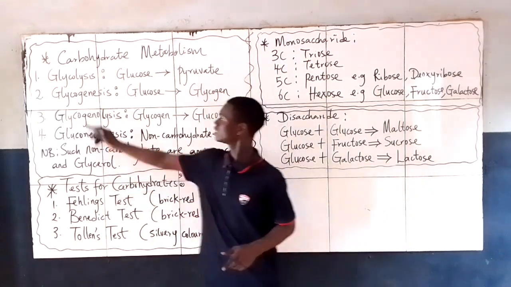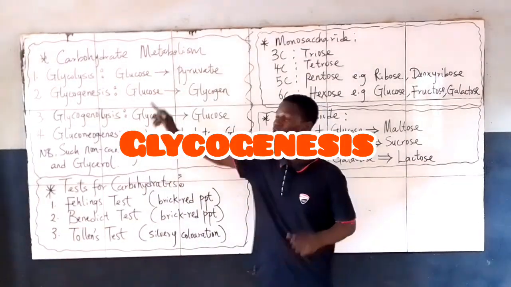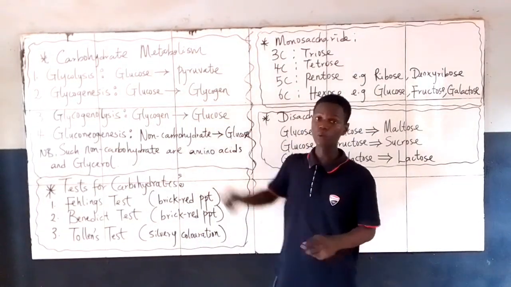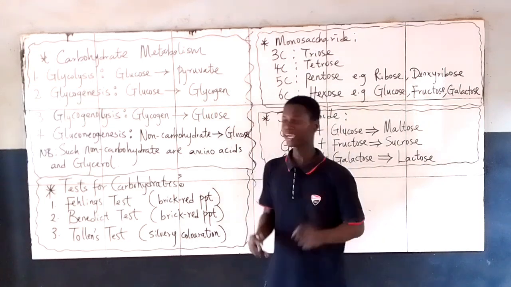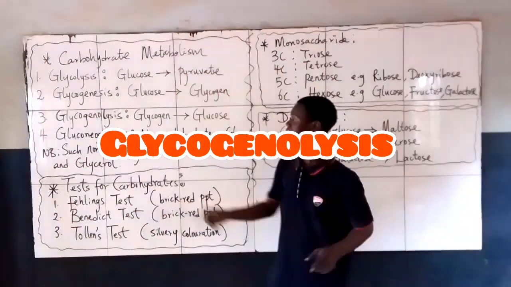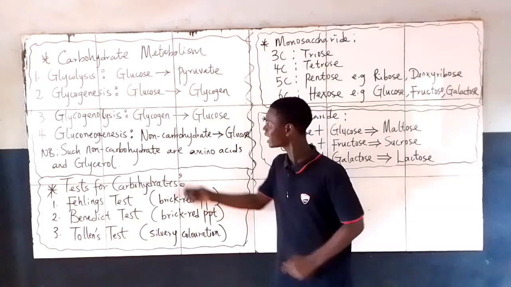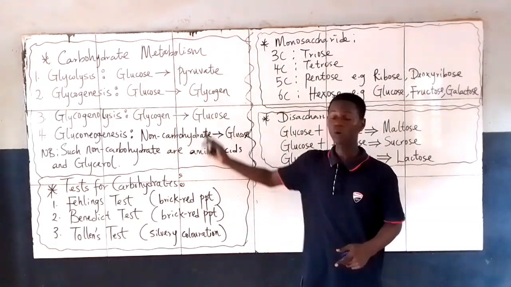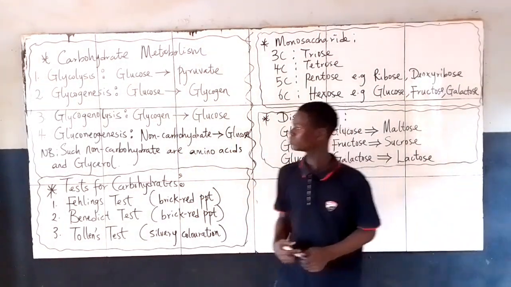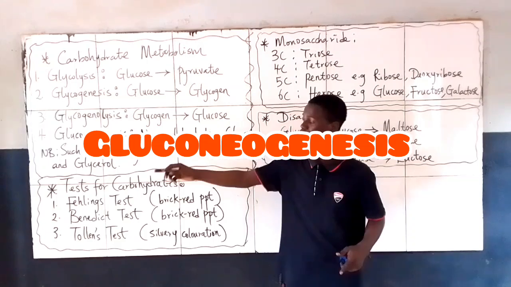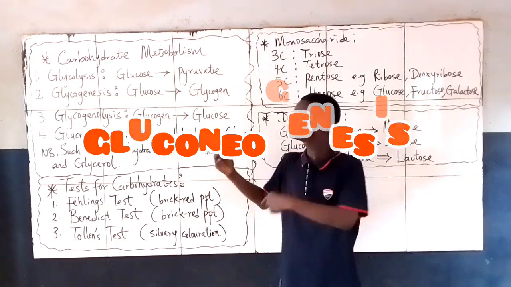The next one is called glycogenesis. This is the conversion of glucose into glycogen. The next one is called glycogenolysis, and this is the breaking down of glycogen to form glucose. And lastly, we'll be talking about gluconeogenesis.